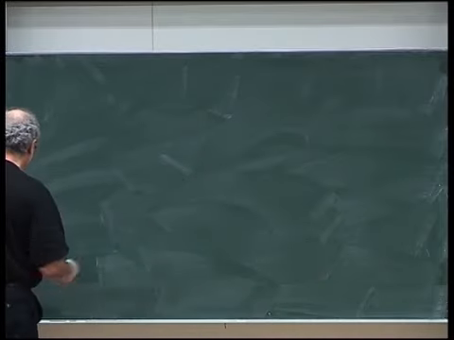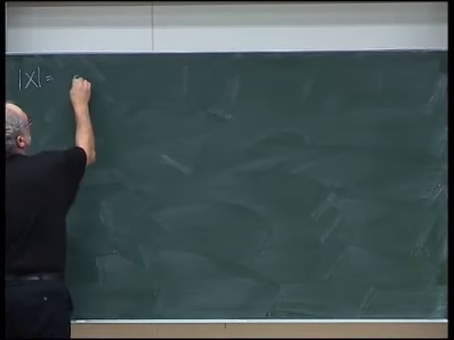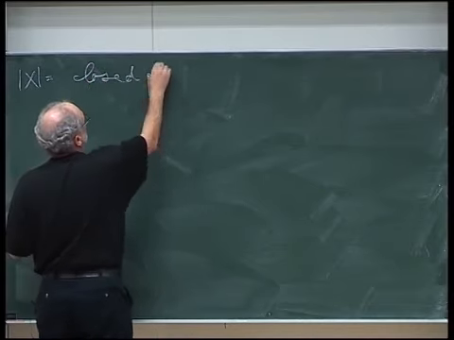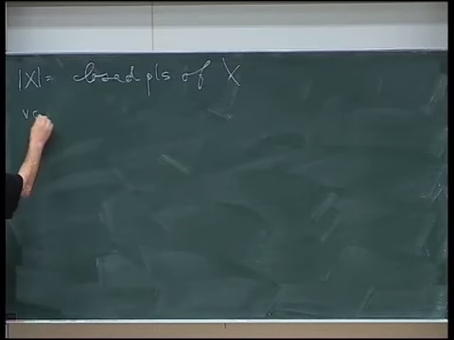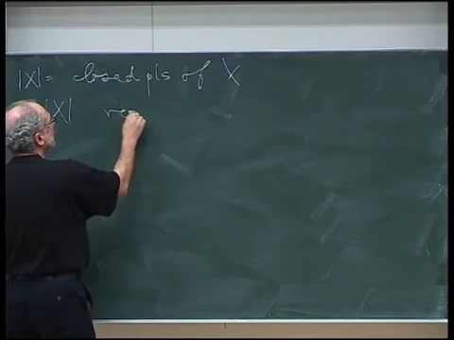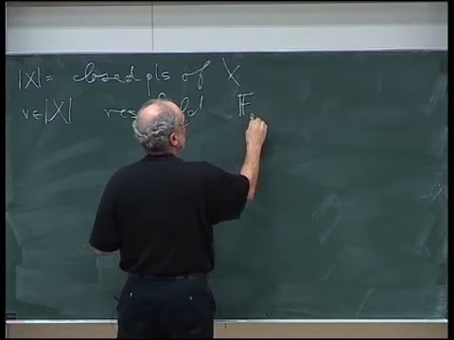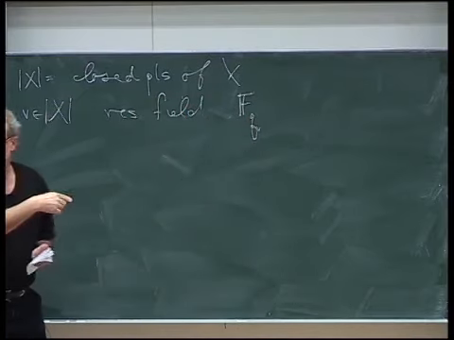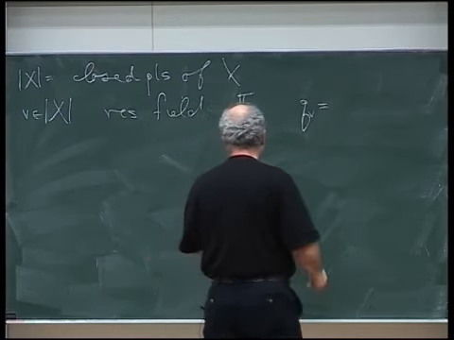Maybe I need a little more notation, so let's say the set of closed points. And if I take any place here, which is the same as a place of the function field, we'll have a residue field. Let me denote it by F_{q_v} so that I have a notation for the cardinality of the residue field.